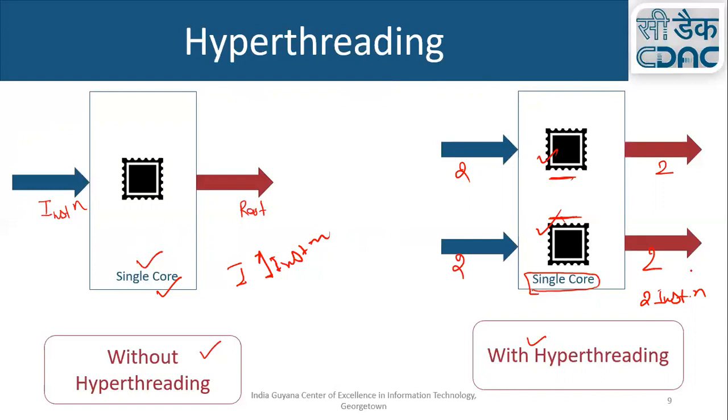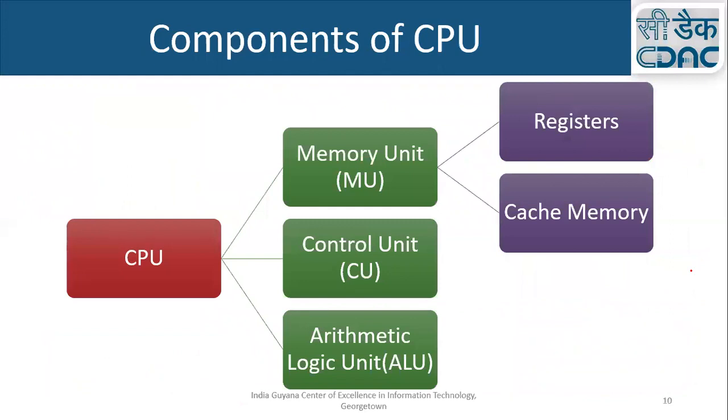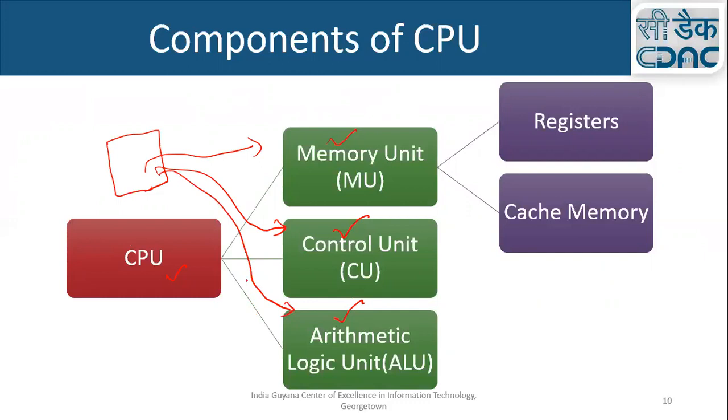Okay. Now again, what are the components of the computer? A CPU can basically have 3 things: memory units, control units, and arithmetic and logic units. The CPU is just a chip on your computer, and this chip has the memory unit, control unit, and arithmetic and logic units put in a single chip, that is a single IC.